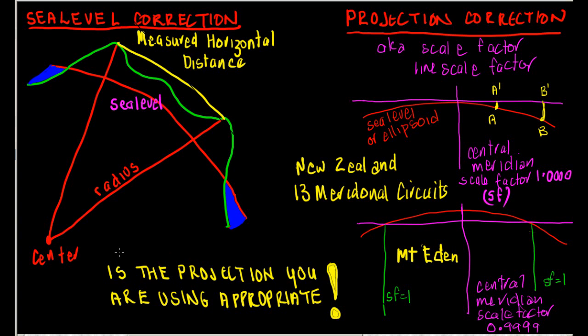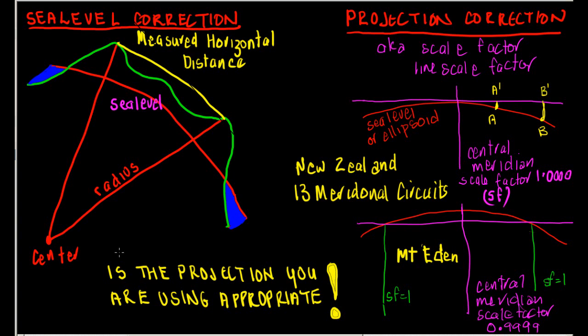Why would you be, if you are measuring for a kilometre long bridge at a height of 400 or 500 metres above sea level, applying a sea level correction, and why on earth would you be applying a projection correction to that? Because you may well find yourself in some great difficulty with things not fitting together.